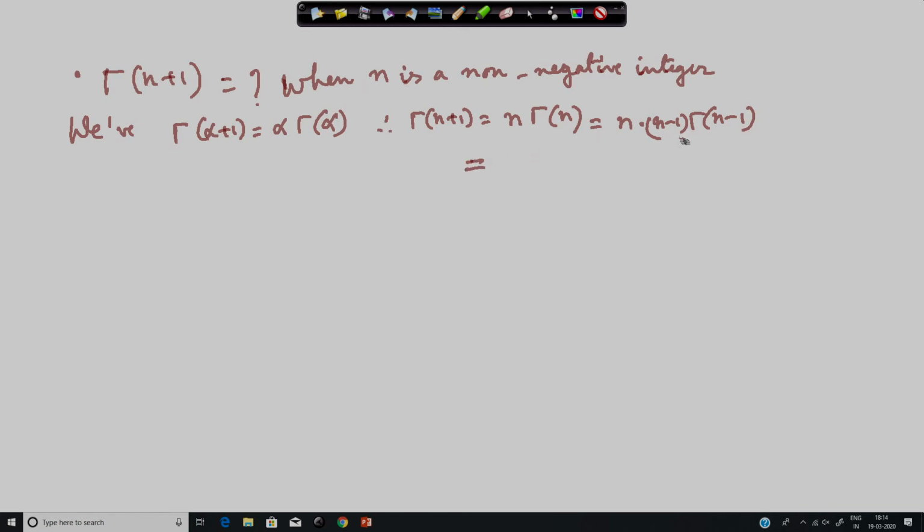Similarly, I can write n minus 1, again the previous integer is n minus 2 gamma n minus 2. Okay.